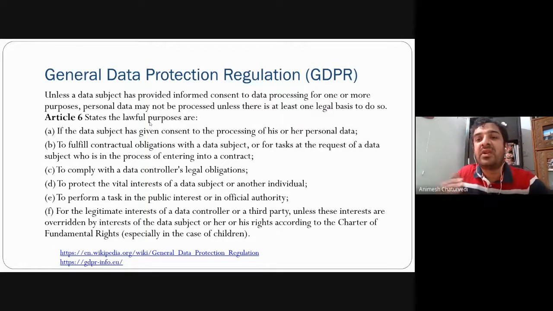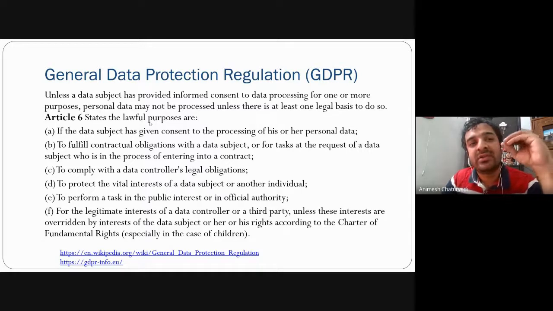Then, at least one legal basis to do so. One legal basis is required, meaning an agreement between the data subject, the personal user or citizen, and the processor who wants to process the data. Article 6 states the lawful purposes. The first is if the data subject has given consent to the processing of his or her personal data.